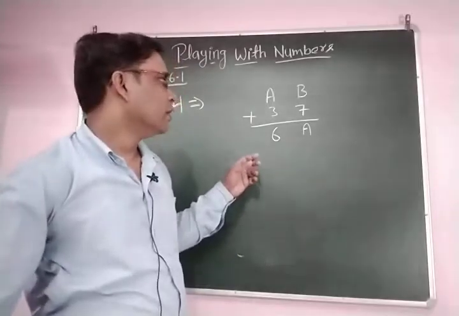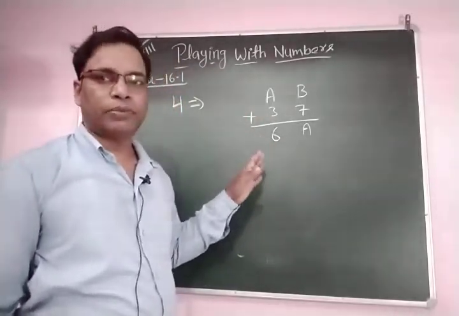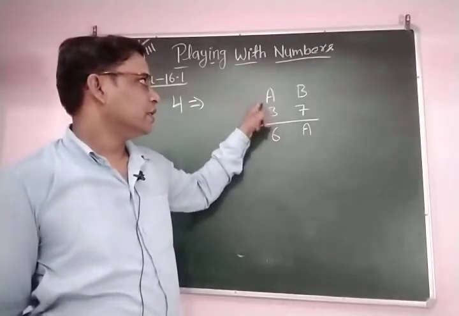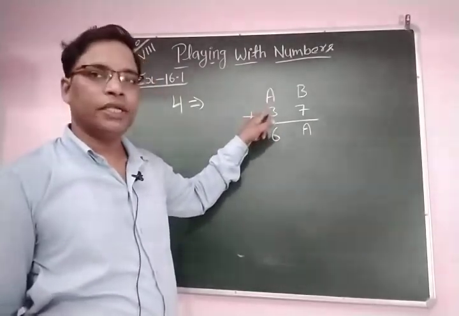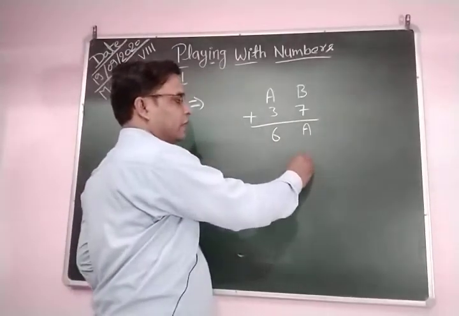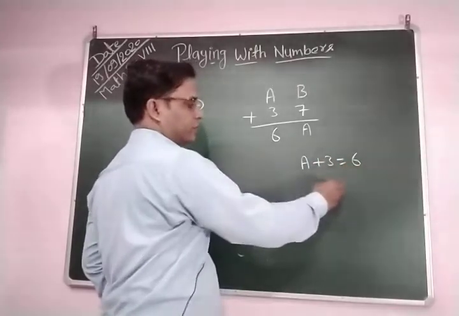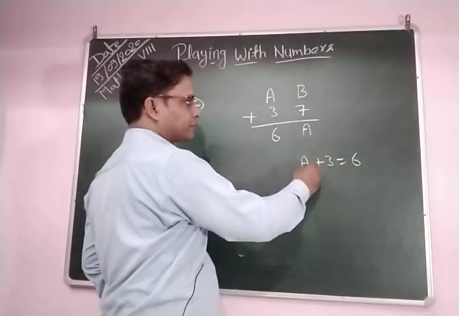Look here, if you take A plus 3, digit A plus digit 3, this is equal to 6.